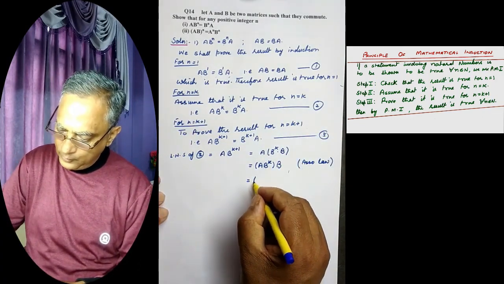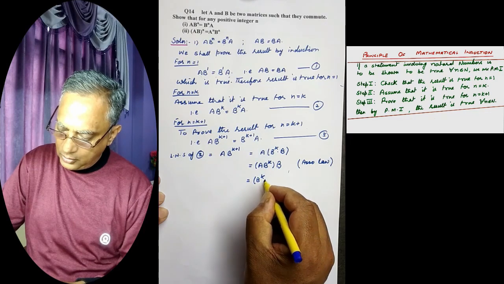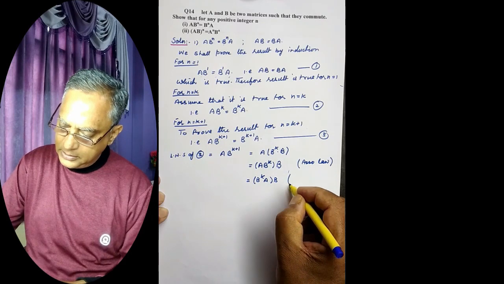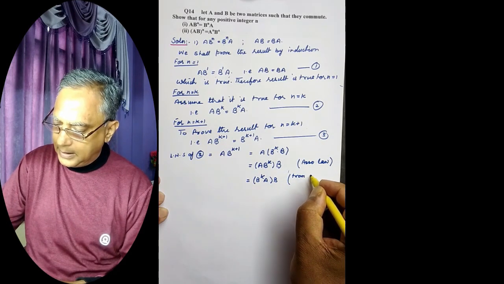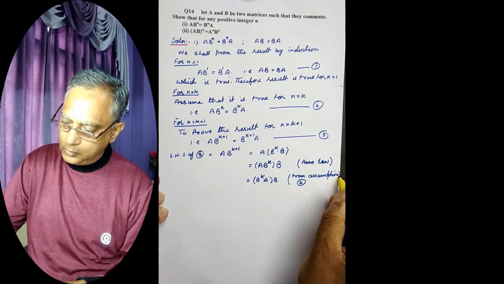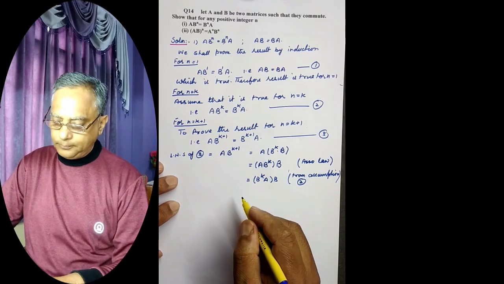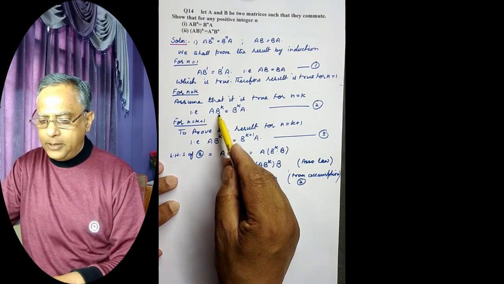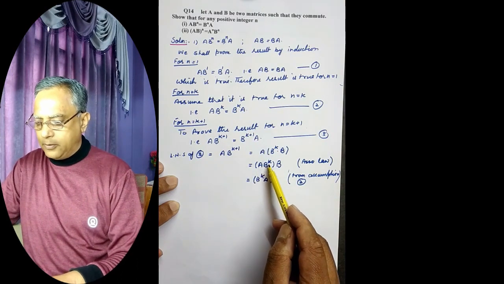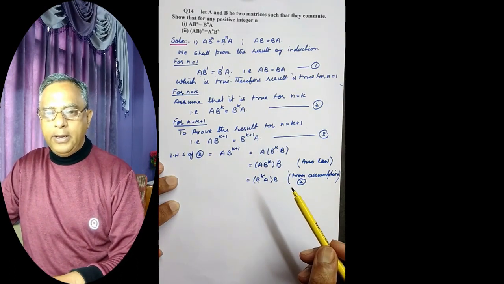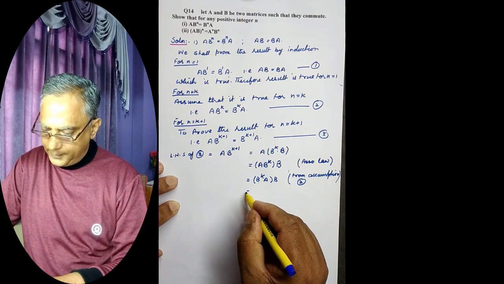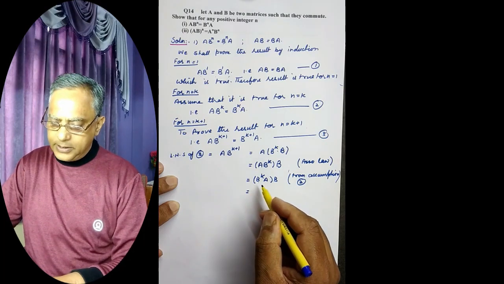So this is B^k into A into B. By assumption, AB to the power of k is B^k into A. And this is equal to, now, the associative law is again true.